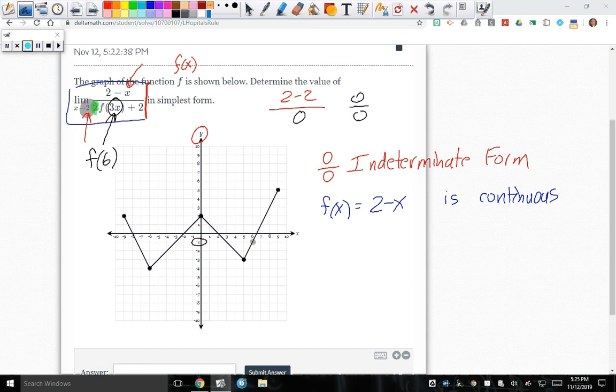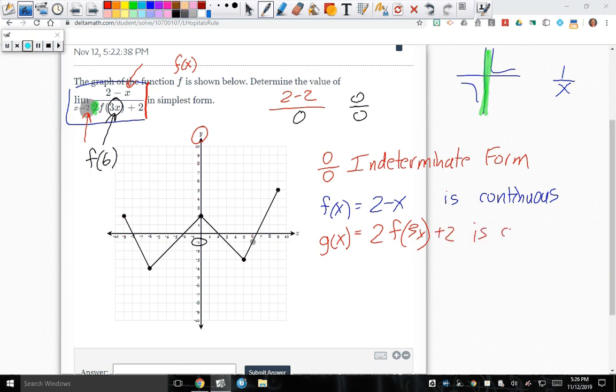There's no pieces that are dividing by 0 that would undefine out. In other words, you don't have a graph like 1 over x, where it wasn't continuous at 0. The bottom function, you could say, is g of x. So g of x is equal to 2 f of 3x, plus 2. You could say this is continuous.